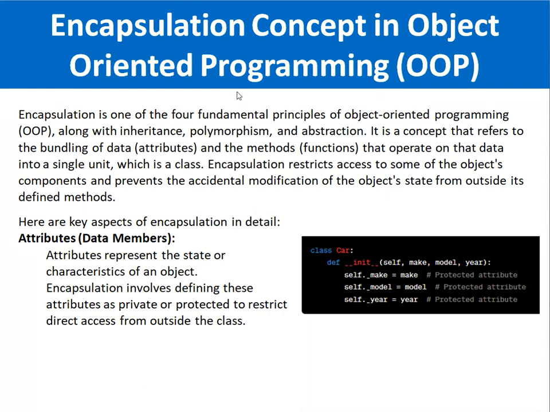Friend, encapsulation is a fundamental principle or concept of object-oriented programming, along with other concepts like inheritance, polymorphism, and abstraction. Basically, this is the concept which talks about how you can provide access to the data and methods of a class to another class, so that you only provide those accesses to other classes or objects which are necessary, and if that data is not necessary to provide, you can hide it, the data and the methods as well.